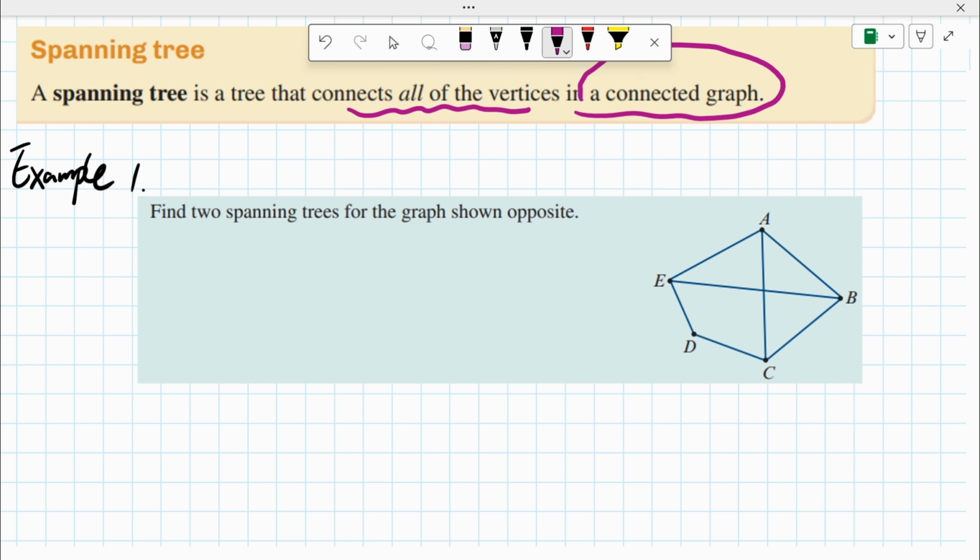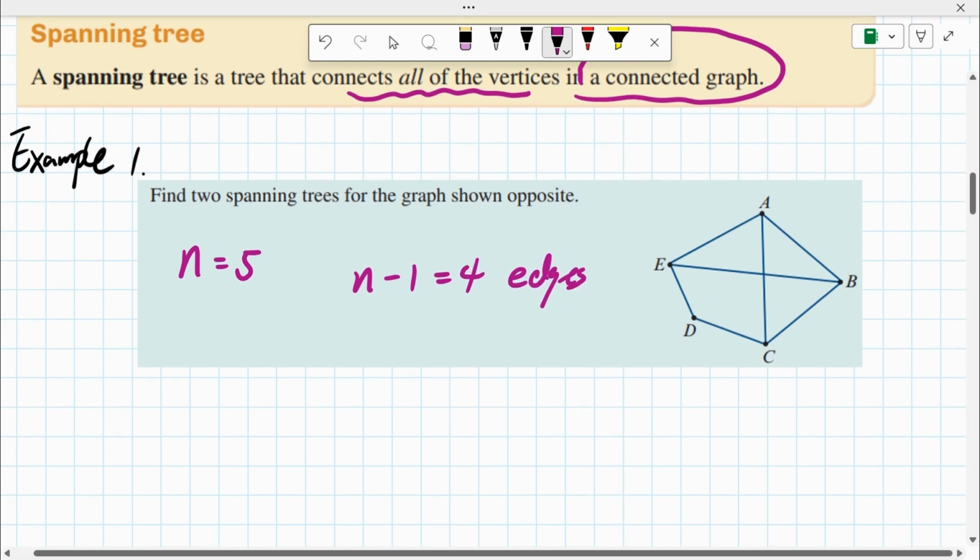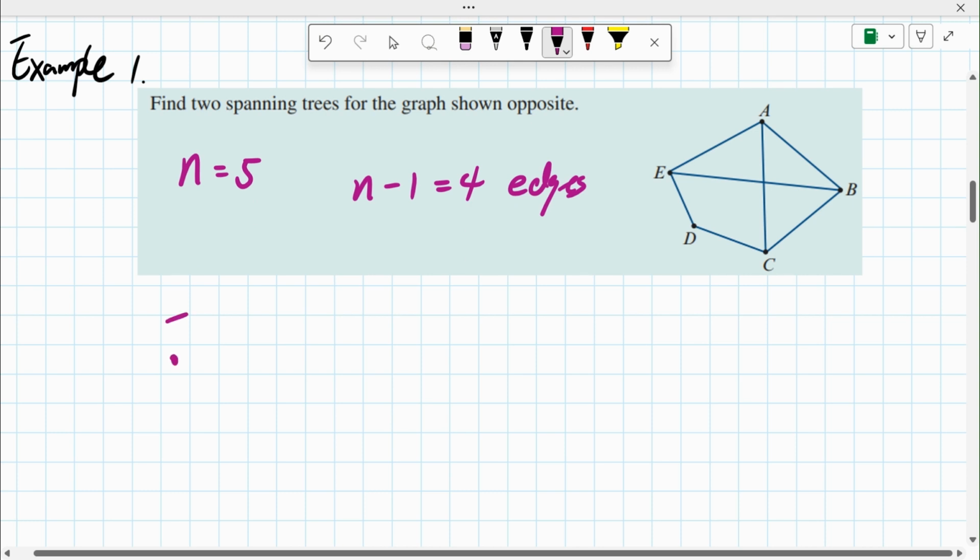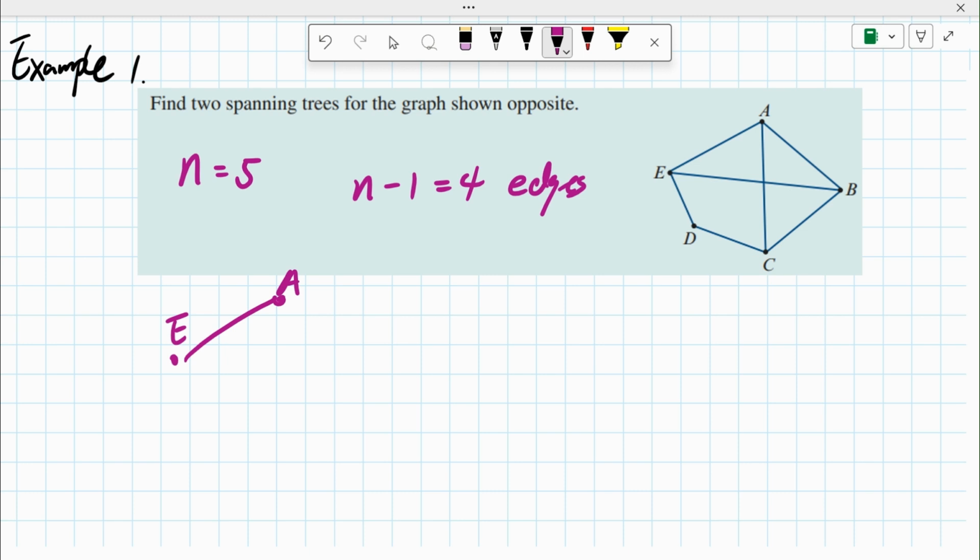Because we need n minus 1 edges, with n equal to 5, n minus 1 equals 4 edges for the tree. So if I had E connect to A, B, C, and D, that is spanning tree 1.